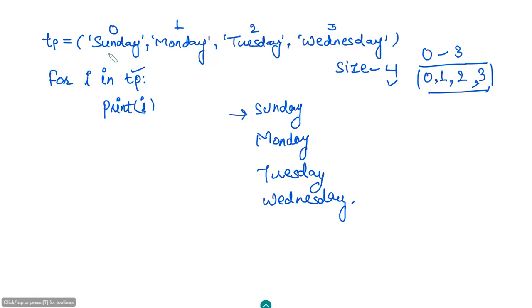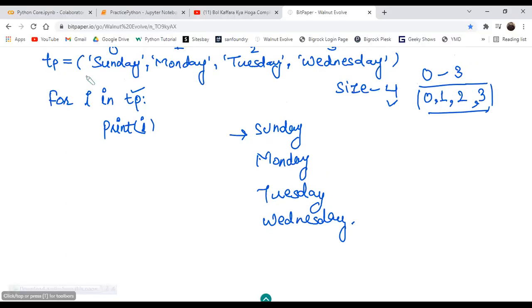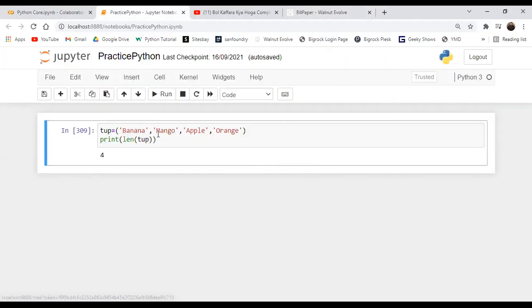So let's check it. Is it working or not? For i in range of the tuple, just pass the variable name where your tuple is stored, right?